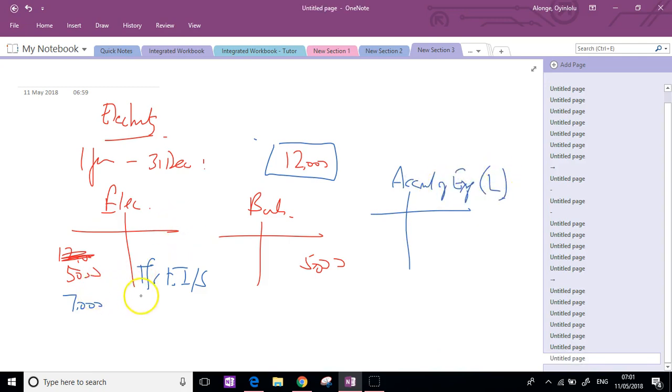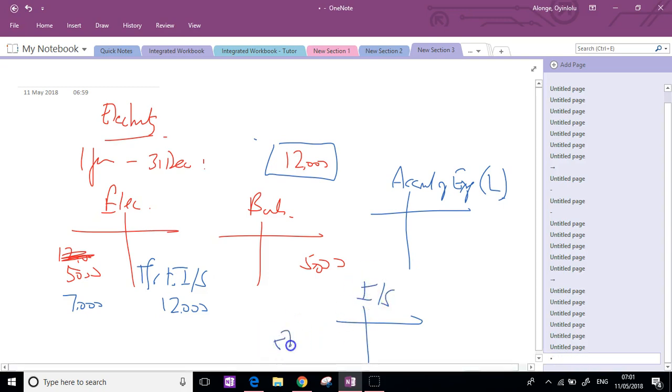Now I can transfer 12,000 to the income statement, which is an account, as I've said many times. That's electricity, 12,000. Now I can close these off. My income statement now has electricity, and I also have the 7,000 here, so that's the 7 here and the 7 here.